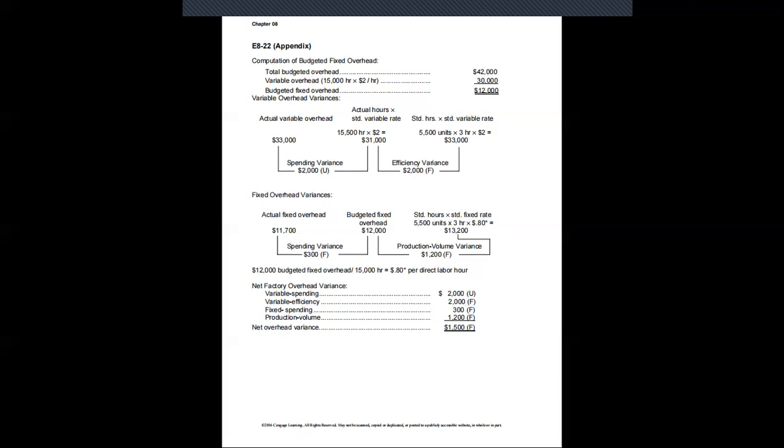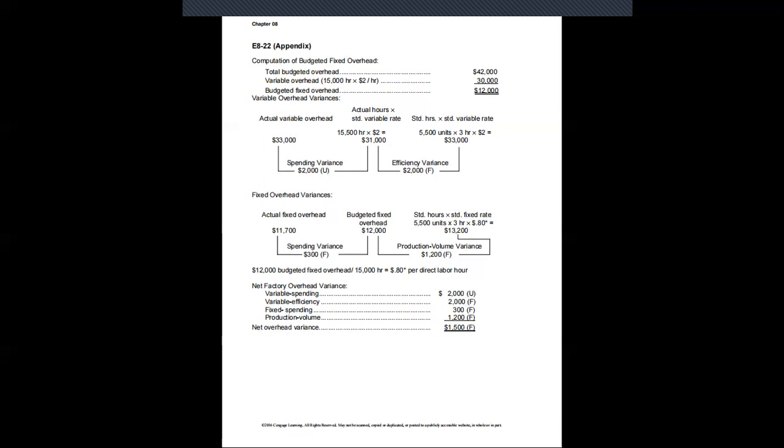You get 33,000. That's your standard hours times standard variable rate. So the efficiency variance is 33,000 minus 31,000 is 2,000 favorable.